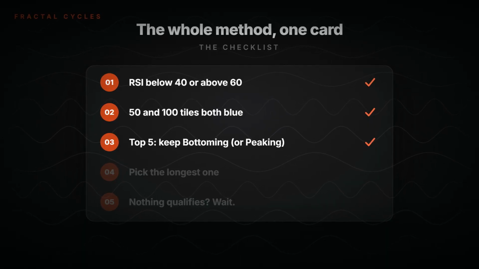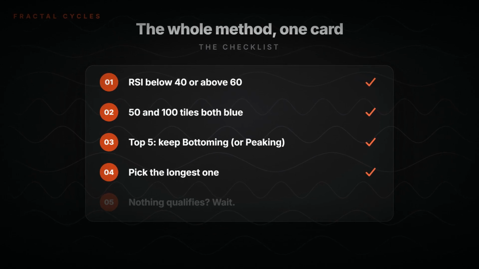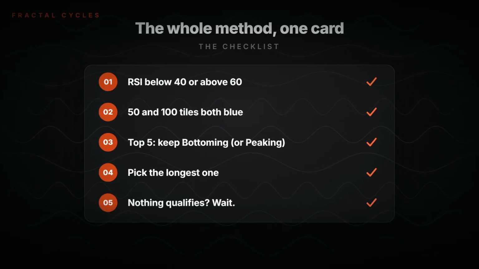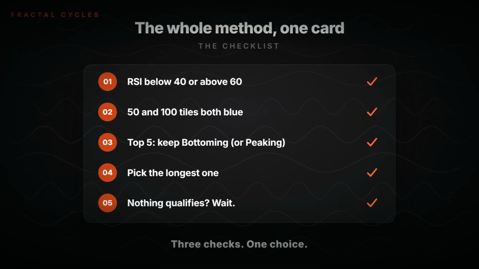The fourth check is simply to pick the longest one that qualifies. And the fifth is the one people forget, because if nothing qualifies at all, then that is completely fine, and you simply skip it and wait for the next stretch. That is the entire method, and it comes down to 3 simple checks followed by one simple choice at the end.